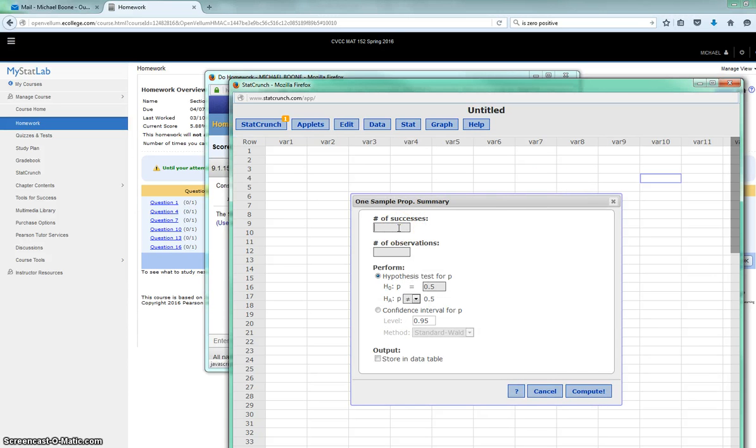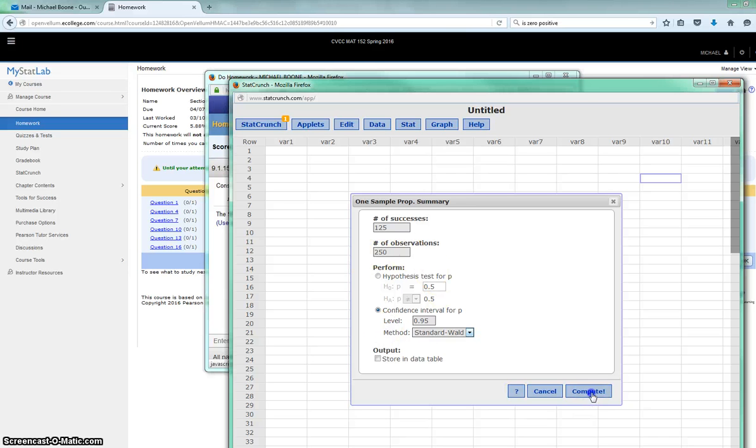Everything in this section should be dealing with proportions. So we had 125 successes out of 250, and we wanted to be 95% confident. We're going to keep it on this standard Wald. There are different algorithms to create a confidence interval, and this is the one that aligns with my StatLab.